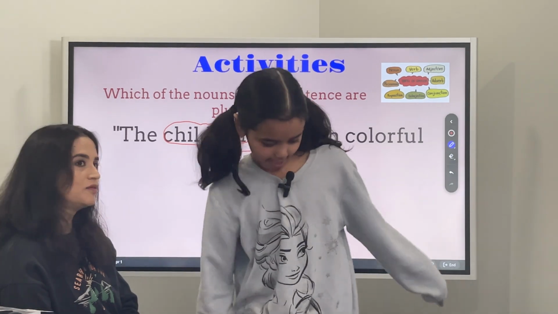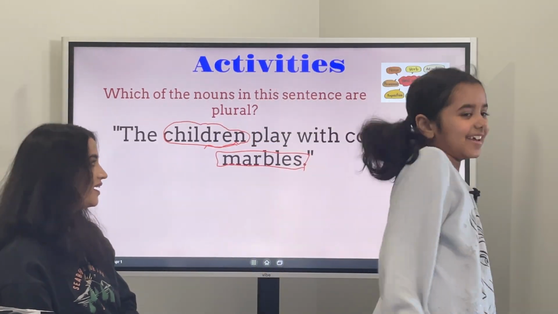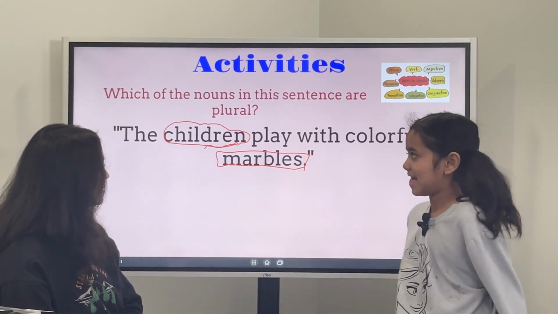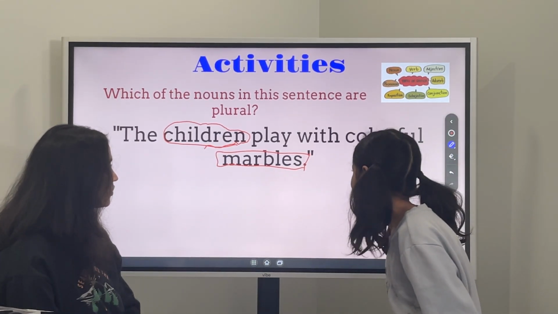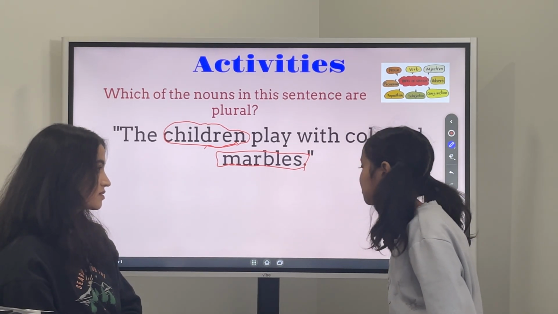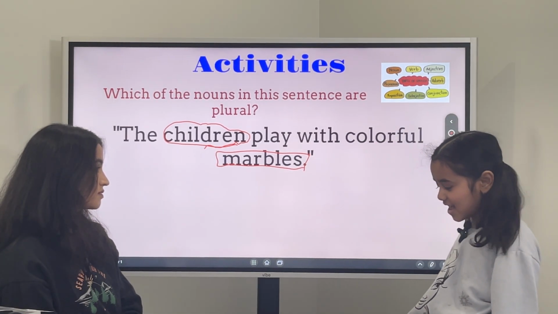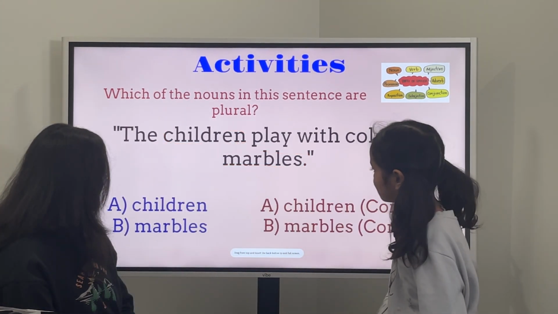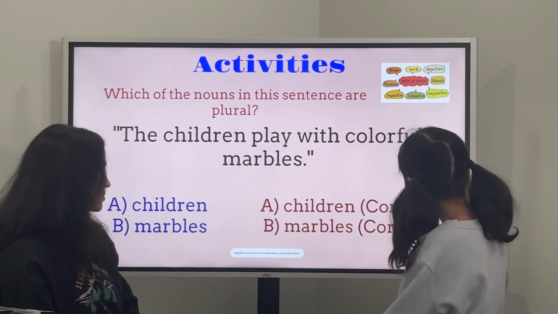Marbles. How about colorful? No way. Why do you think they are plural, Lina? You already said children. What about marbles? Marbles has an s at the end. That's an easy way to identify. Children, correct. Marbles, correct.